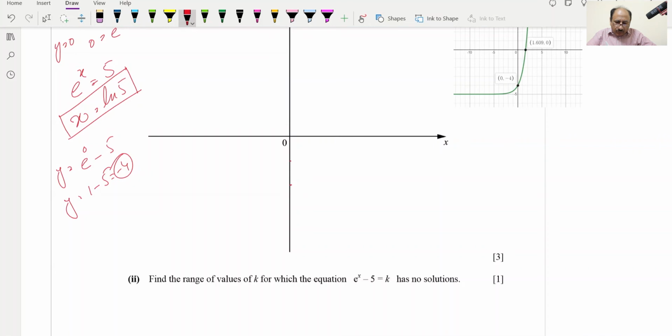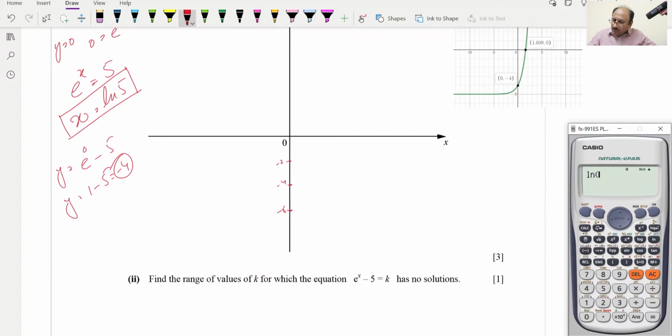So 2, 4 and 6 we can take like this. This is minus 2, minus 4 and minus 6, and this side we can take log x, and log 5 basically. Log 5 is equal to 1.6. So our x-intercept will be 1 point something. So 1, 2, 3, 4 and 5.